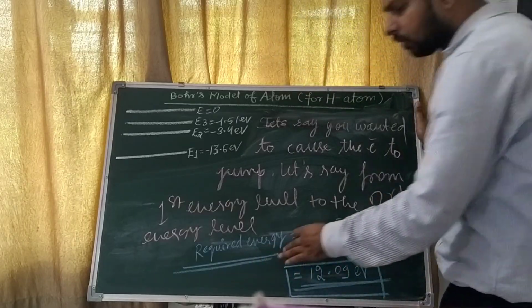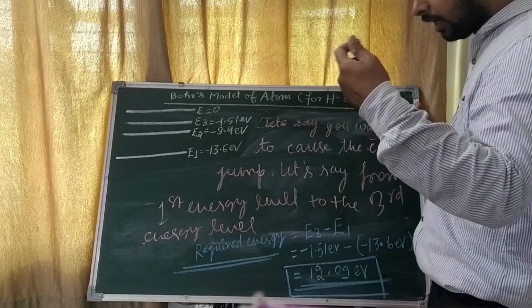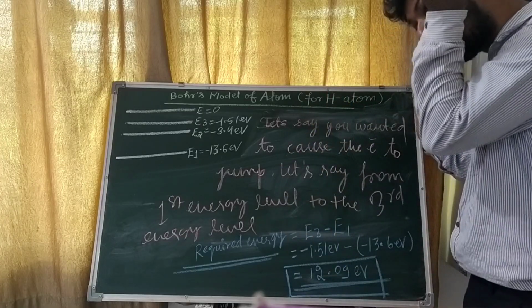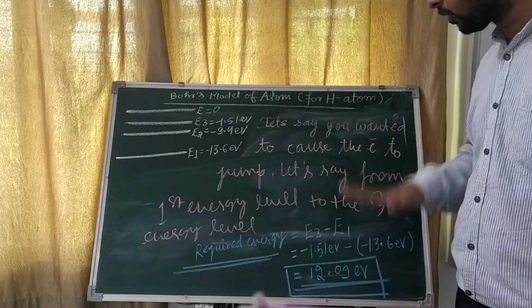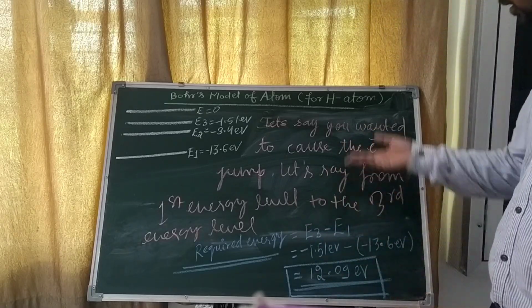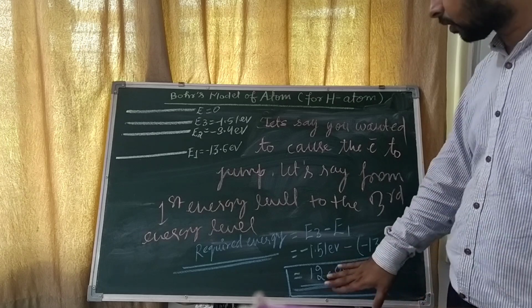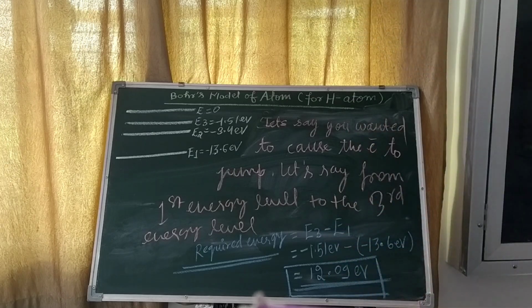If you don't have this much of the energy, the electron is not going to jump from that cell to any cell. Okay. So if you want to make the electron jump from first to second, the required energy will be 10.2 electron volt, and if you want to make that electron jump from first cell to the third cell, the required energy will be 12.09 electron volt.